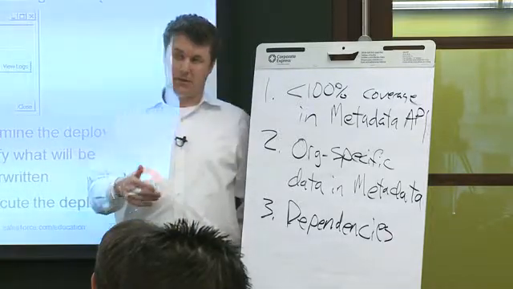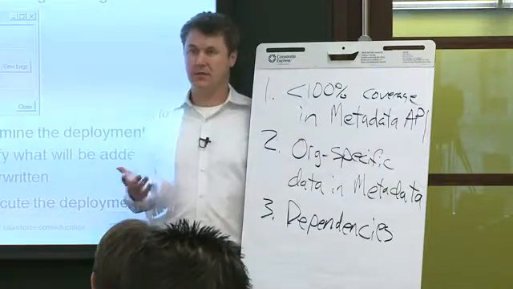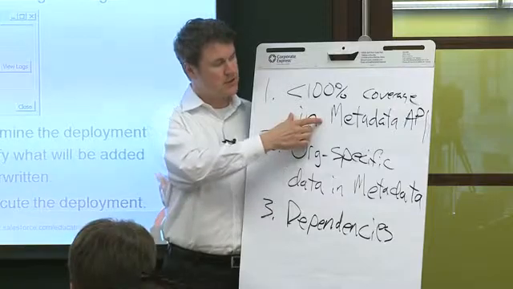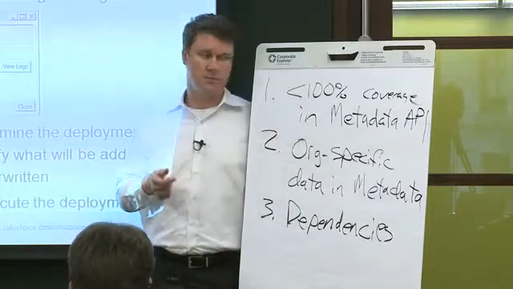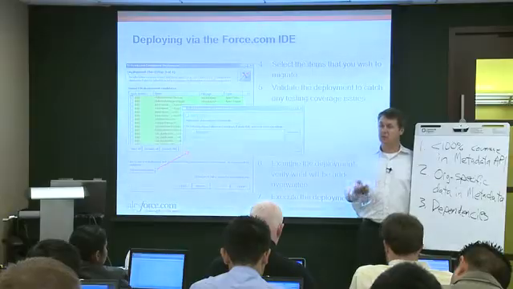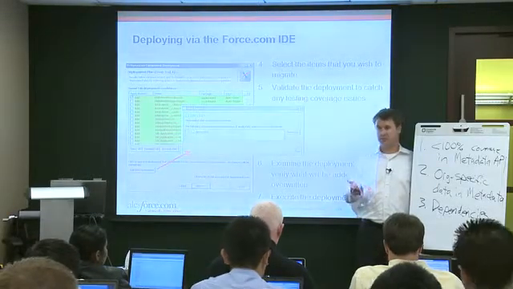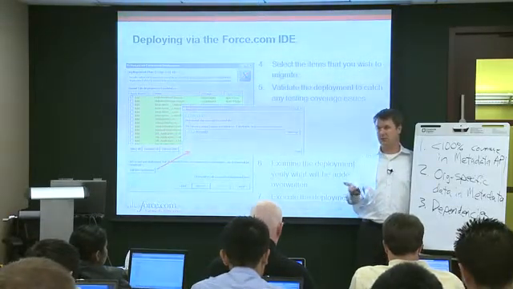So what would you do in these situations? How would you handle these problems? Well, first of all, we talked about how with less than 100% coverage in the metadata API, you'd want to go into the target production org and manually recreate these things.